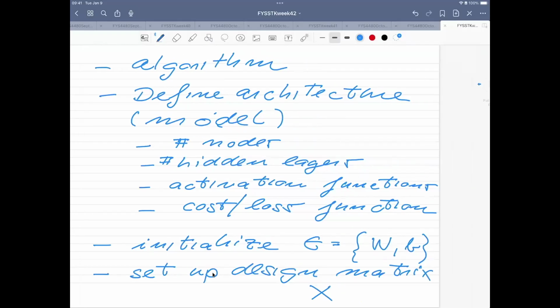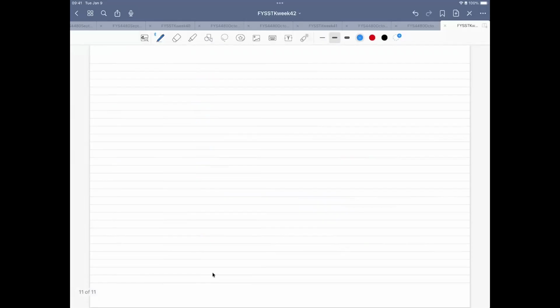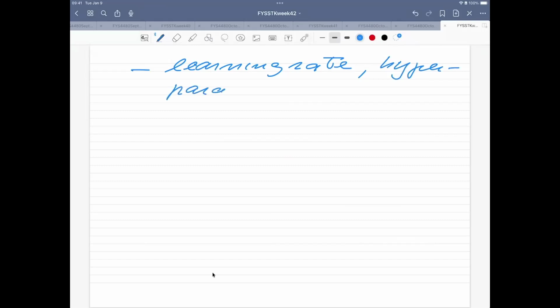So let me just quickly set up this, and then we take a small break. What you also need to define is to set up the learning rate, eventual hyperparameters. You need to define the gradient methods.